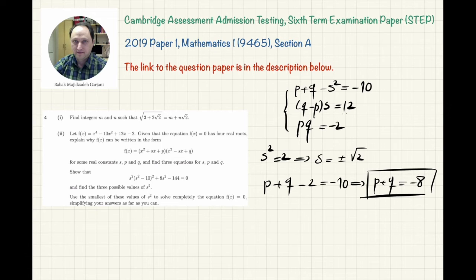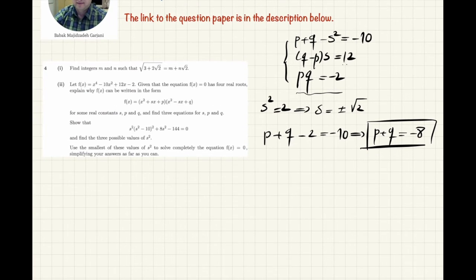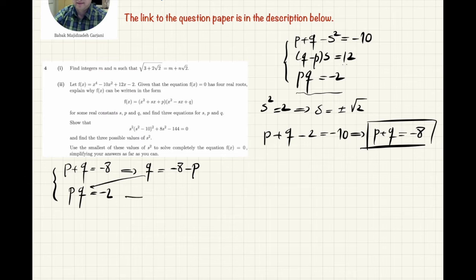And we already know that p times q is negative 2, so I can solve a new system. p plus q is minus 8 and pq is minus 2. For example, here you can find q, it's minus 8 minus p, and you plug it into this equation. This implies that I have p times minus 8 minus p is equal to minus 2. So then it means that you have p squared plus 8p minus 2 equals 0.